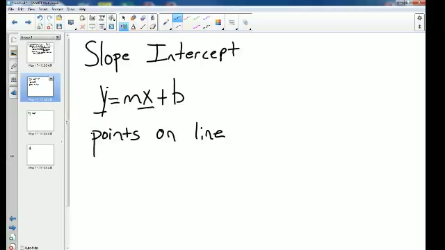These are normally a solution or something like that. Then m is going to be the slope of your line, and b is going to be an intercept. Hence slope-intercept form.